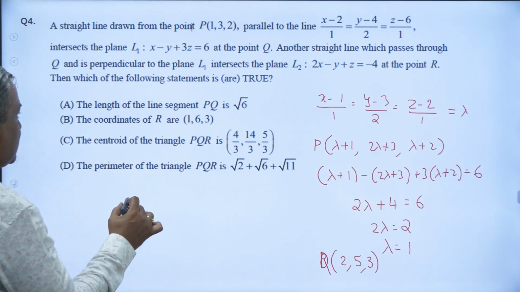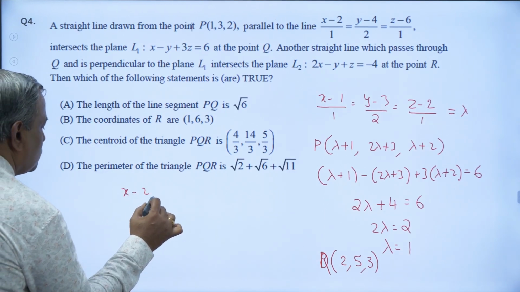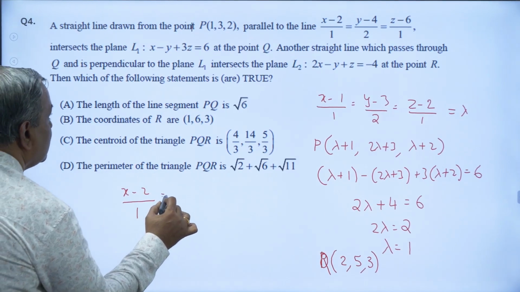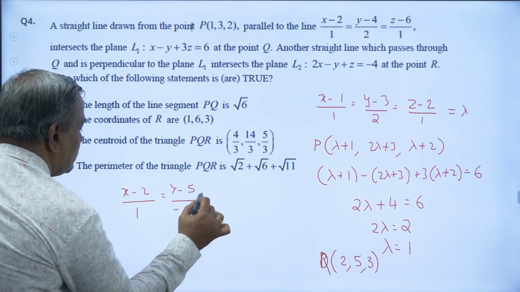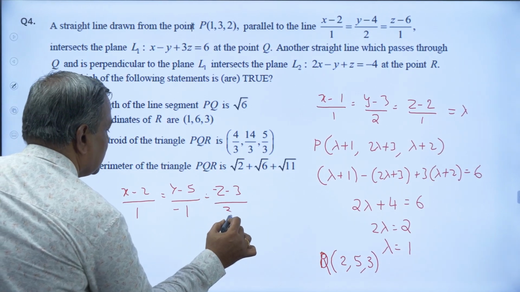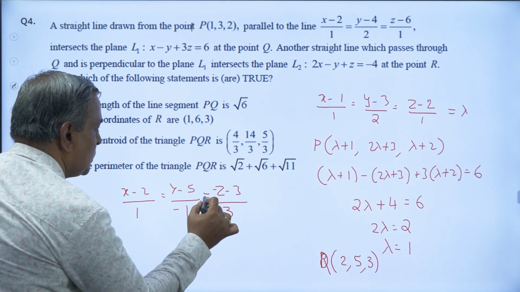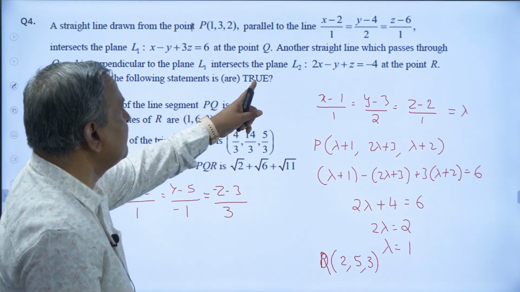So what is the line equation? The line equation will be (x minus 2) by 1 is equal to (y minus 5) by minus 1 is equal to (z minus 3) by 3. This is the new line equation. Q is a perpendicular line to L1.